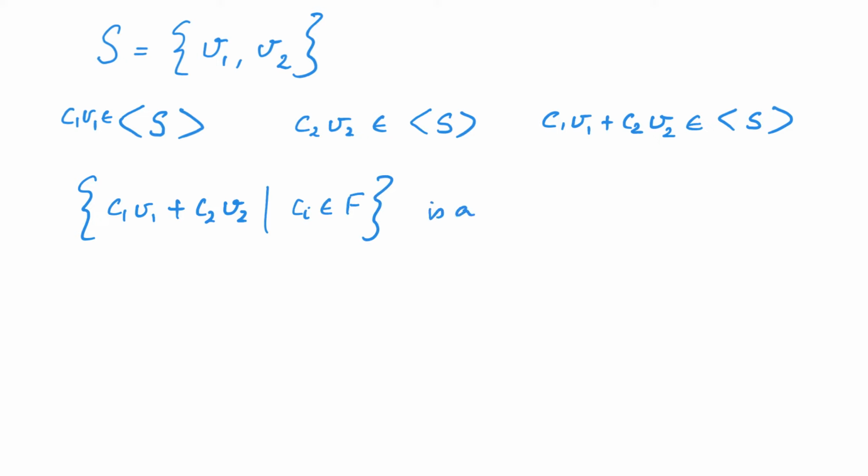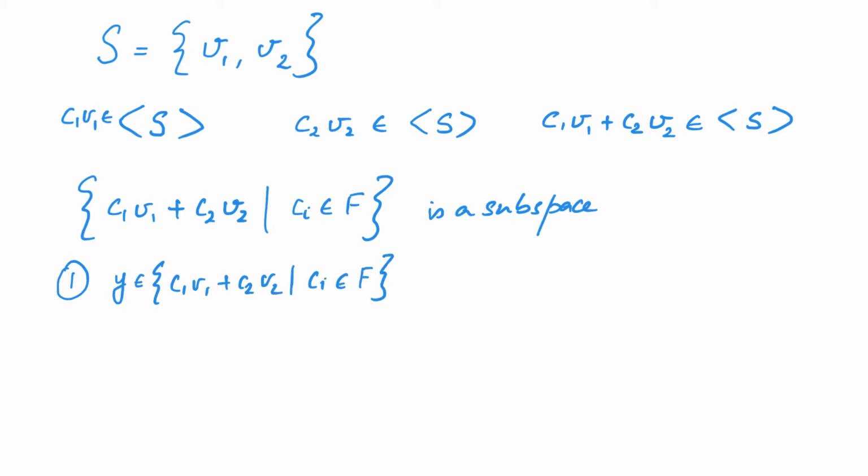is a subspace. Let us go through a proof to see that this is indeed the case. First, we will show that this set is closed under scalar multiplication. So what do we have to show? I take an arbitrary element y in the set of all c1 v1 plus c2 v2 such that ci belongs to F. Then as y belongs to this set, y is equal to c1 v1 plus c2 v2.